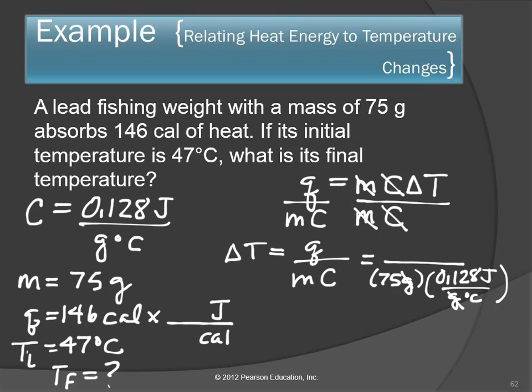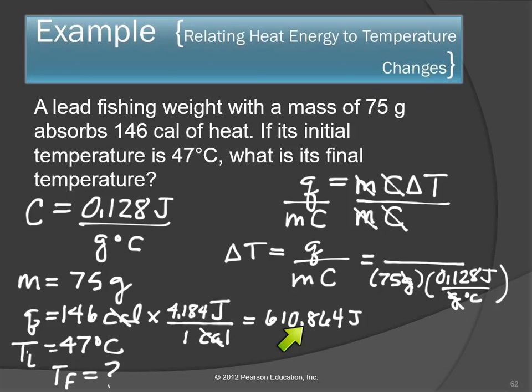We're using dimensional analysis over here to convert the units. 1 calorie is equal to 4.184 joules. That's a relationship that you would look up if you don't remember. Calories cancel out. 146 times 4.184. So this is 610.864 joules.